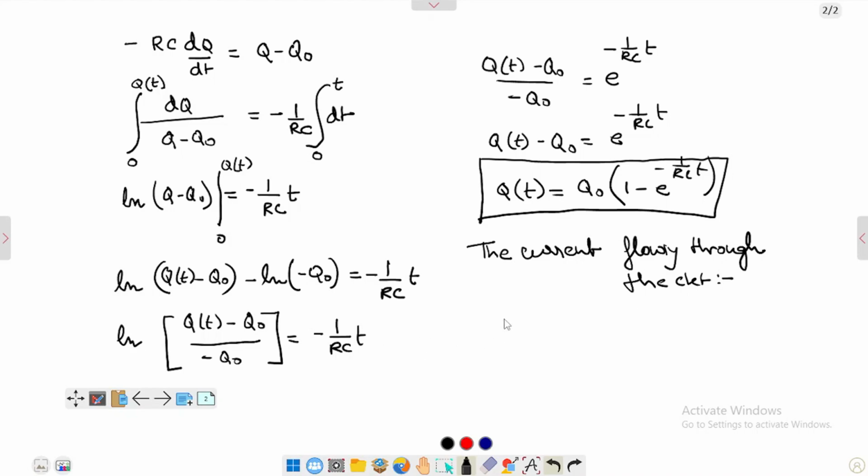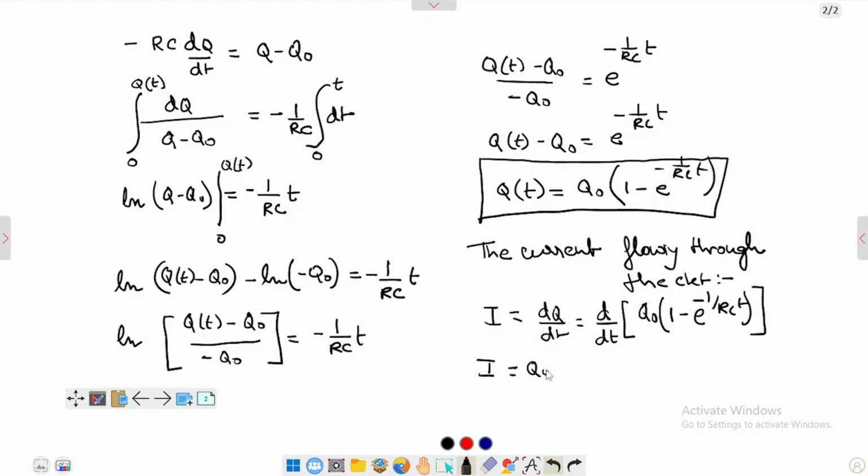So that gives me I is equal to dq by dt, that is nothing else but d by dt of Q naught times 1 minus e to the power minus 1 by RC t. So if I do this derivative, I get I equal to Q naught, the minus minus comes away, and I get 1 by RC times e to the power minus 1 by RC t.